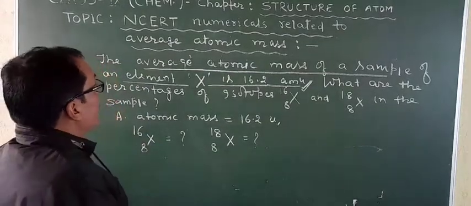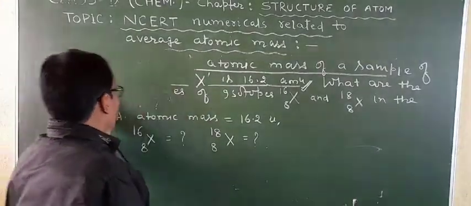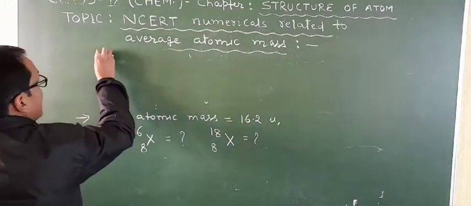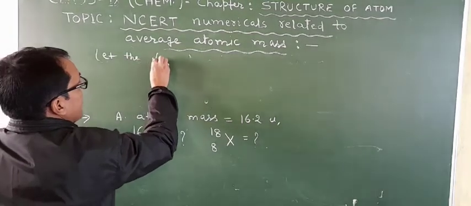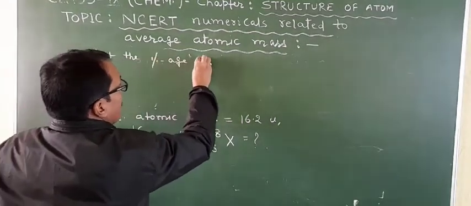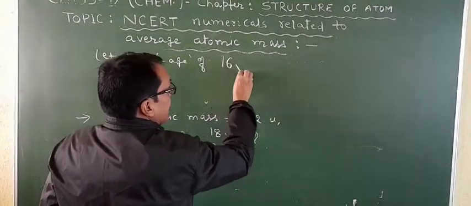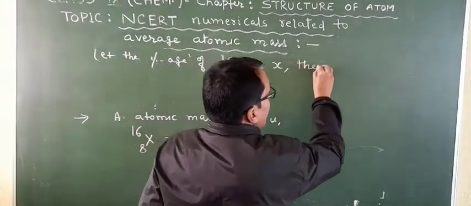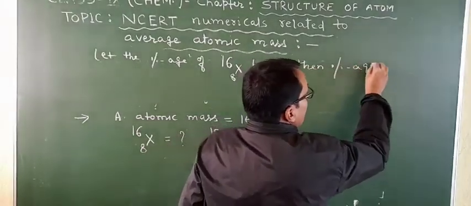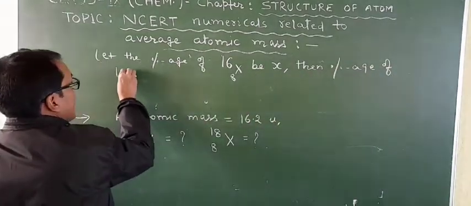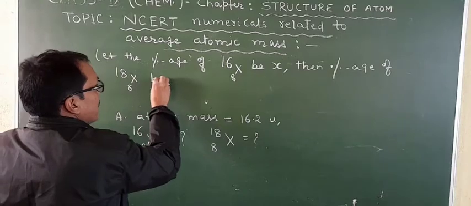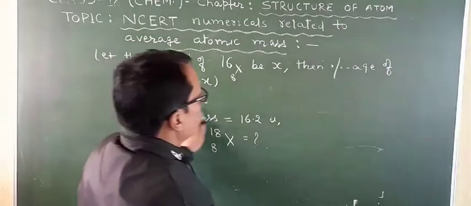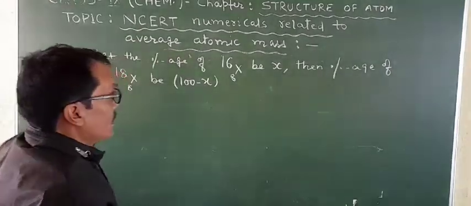So to solve this question, we will start: let the percentage of 16X8 be x, then the percentage of 18X8 will be 100 minus x.